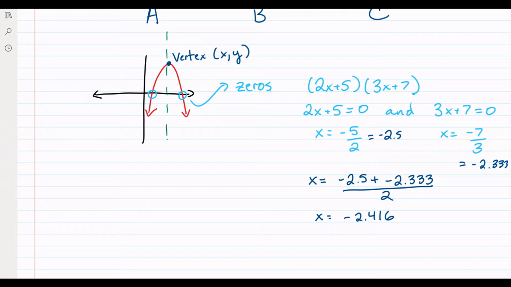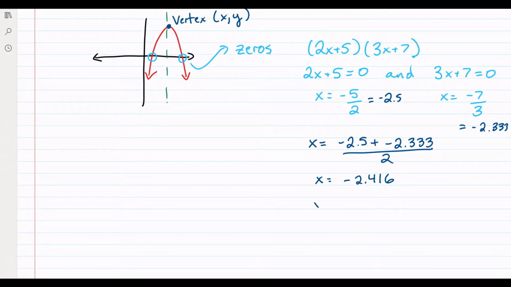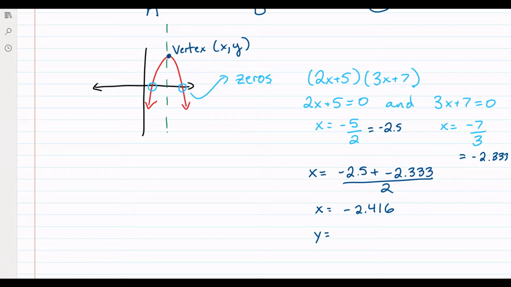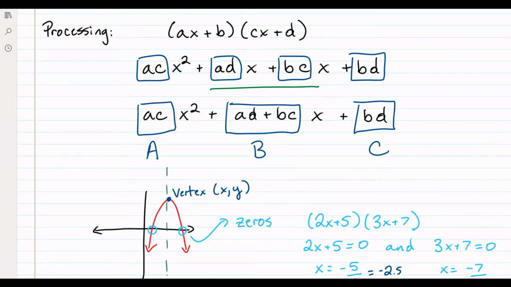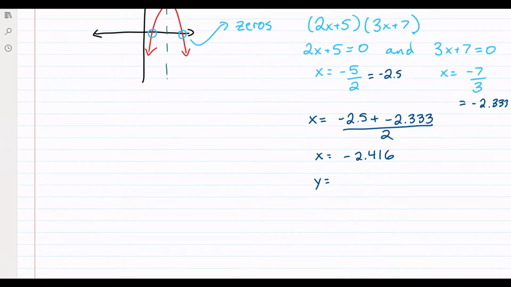And then if you want the y value of the vertex, if you know the x value, you just plug it back into the equation. At this point you could use either equation, your original or the one you calculated. It probably makes sense to use the original just in case you screwed that up.